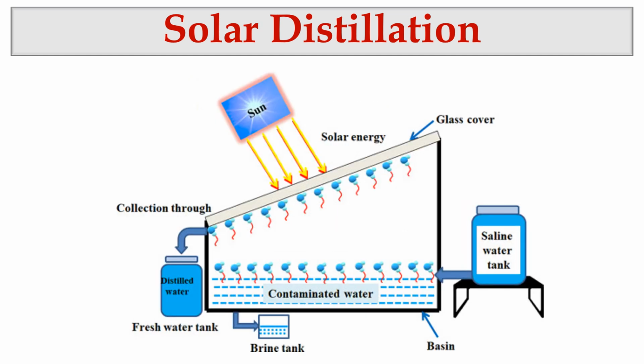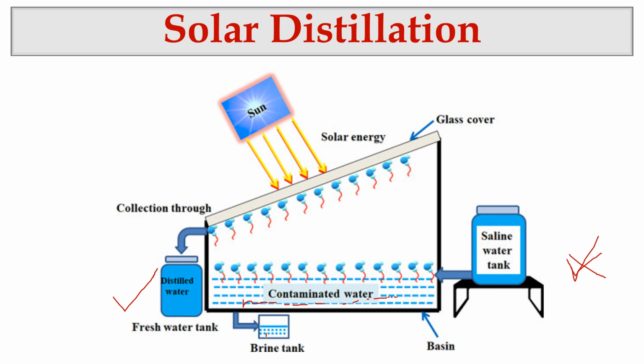So you can find a number of different pictures on Google. I took many pictures from Google. They explain very nicely what is happening. It's a very simple process. This is the impure water and this is the distilled water. How is it happening? The contaminations settle here at the bottom, and we have the brine tank.